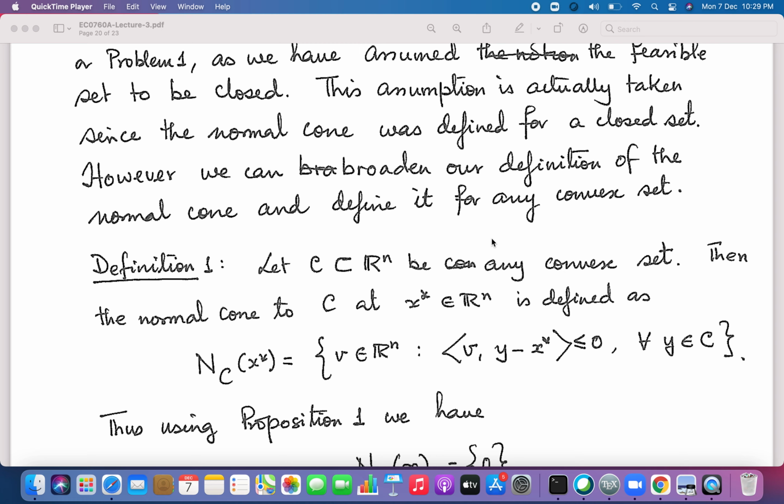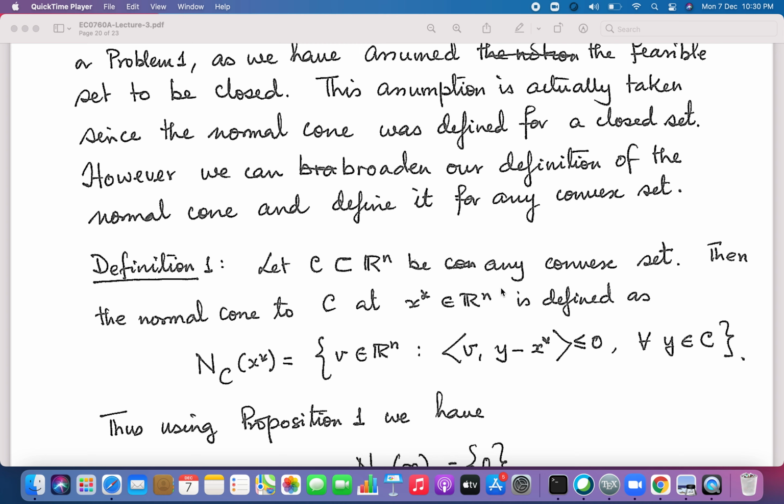The answer surprisingly is yes. And this definition makes life very, very simple. After writing the definition for any convex set, a normal cone to C at x star, where x star is in C, not R^n. I made a mistake here.